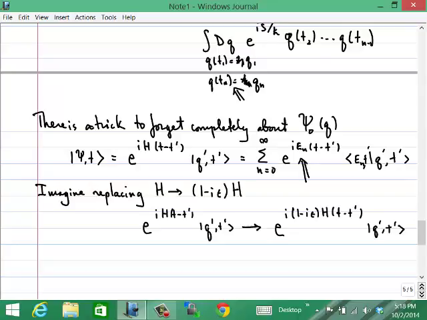So now let's imagine that we have some quantum mechanical system where all of the E_n are positive except for the ground state, which has energy 0.